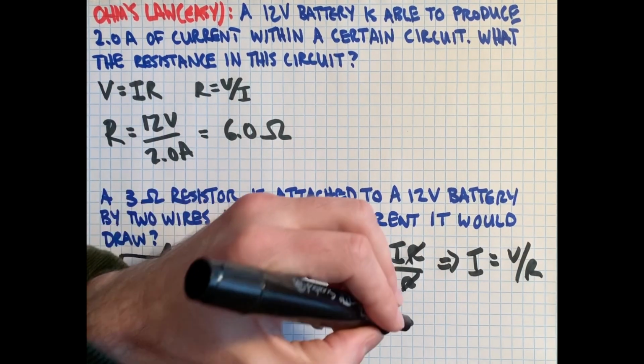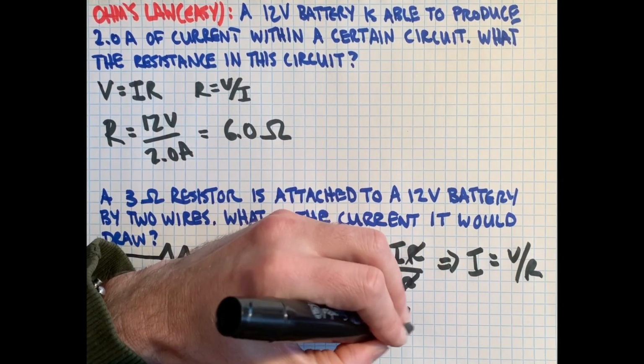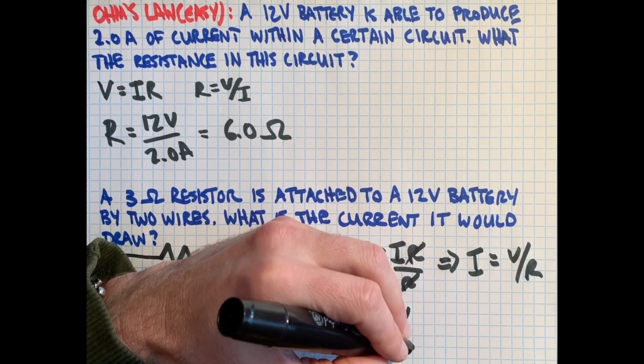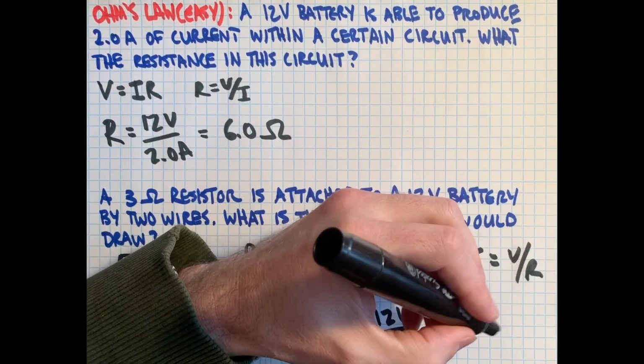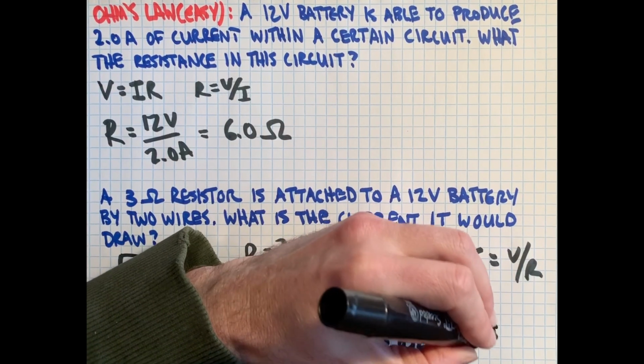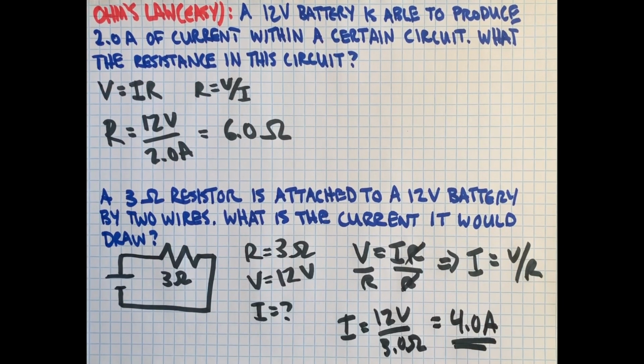So the current will be 12 volts divided by that 3 ohms. I just added a 0 there, which I didn't have before. And that gives us 4 amps of current, which is a lot of current, by the way. But for these simple examples, it's nice to use some simple numbers to see how the formula itself works.